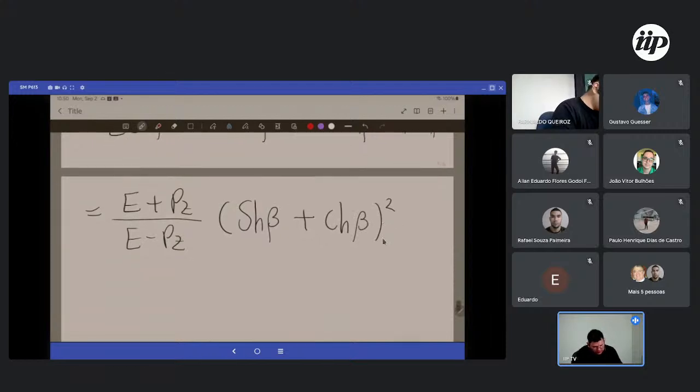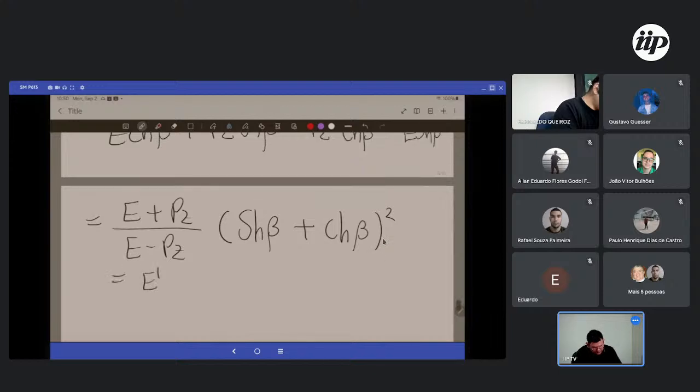So we obtain a quantity that is not invariant, but depends on this factor.